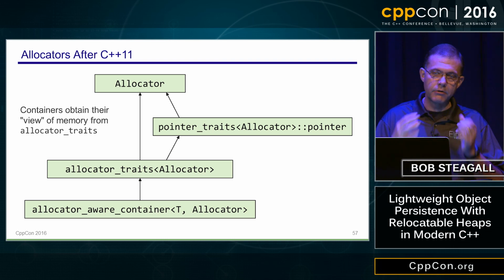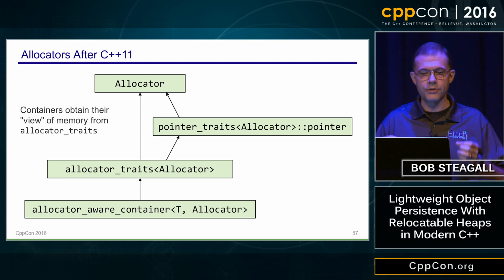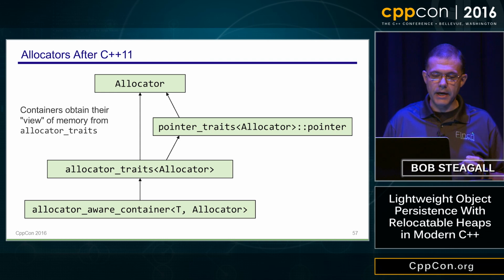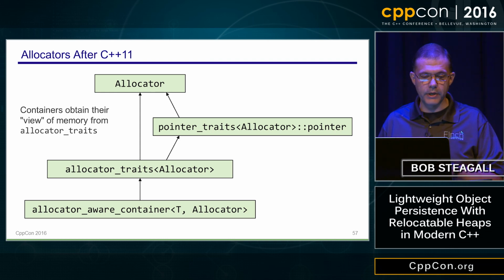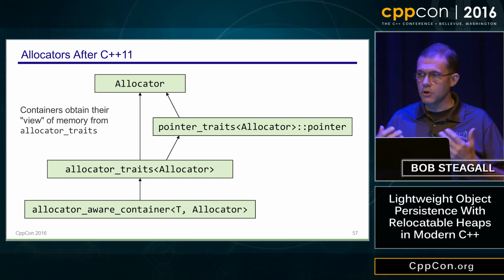It obtains information about the representation of pointers from the allocator. So, given the services provided by the allocator and the representation of a pointer provided by pointer traits, allocator traits collates this information and provides it to the allocator-aware container so that the allocator-aware container can go upon its merry way and do important stuff.